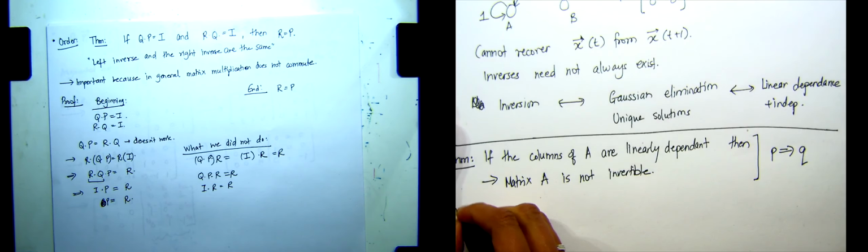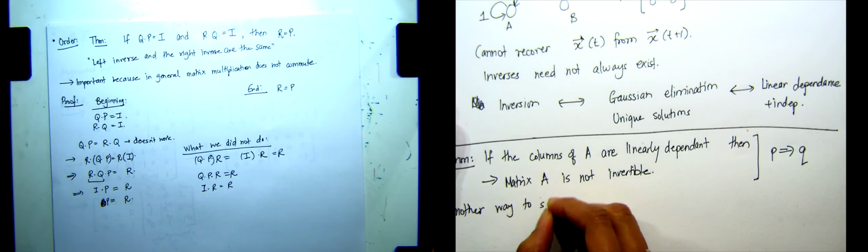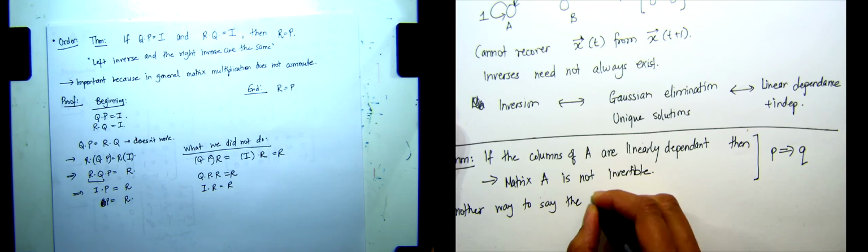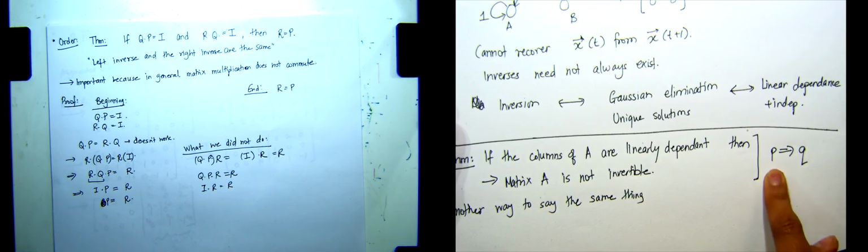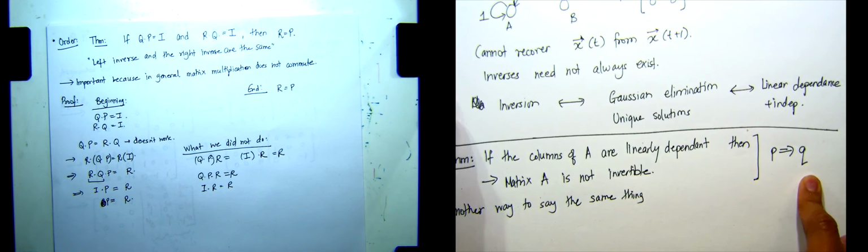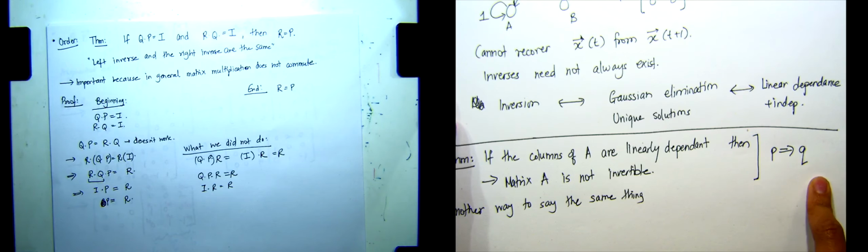So another way to say the same thing. Here I'm saying P implies Q. So for example, if it is raining, then there must be clouds. Right? P is it's raining. Q is there are clouds.